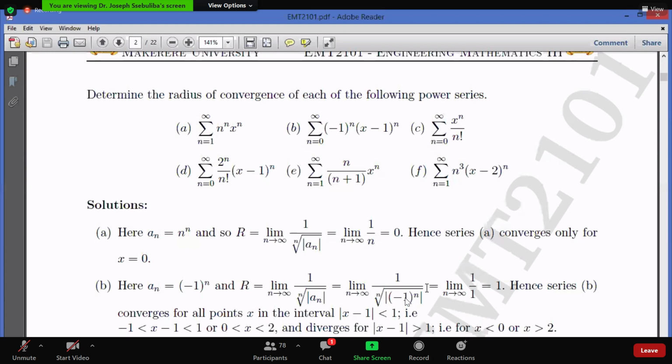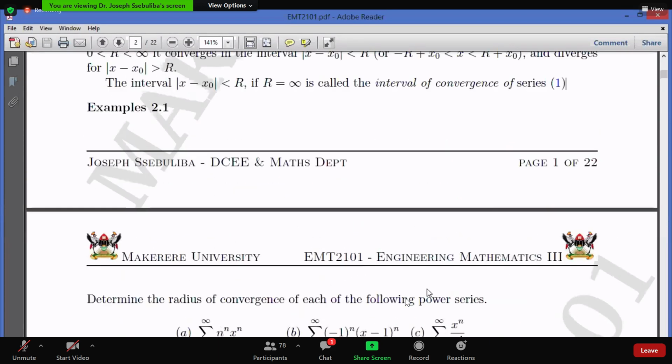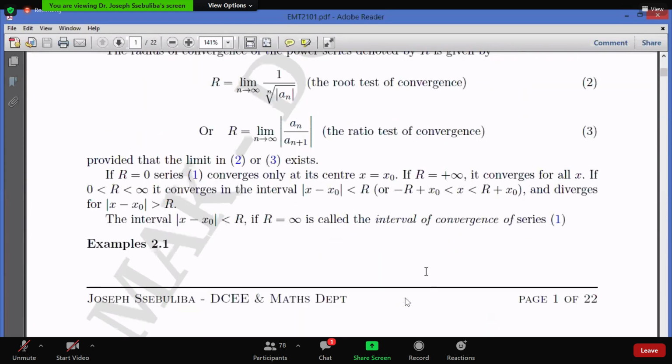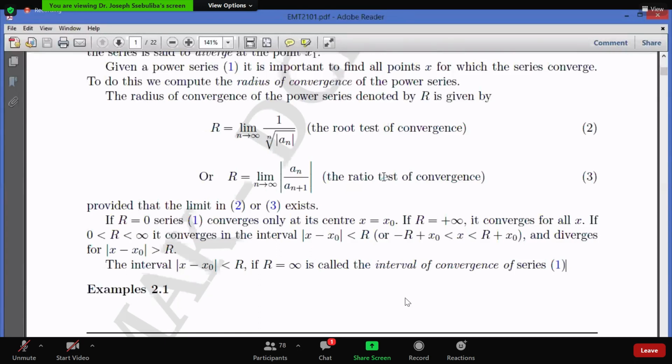Remember, we said that for us to compute this, we can either use the root test, which is this one here. So since it is n to the power n, that suffices that we use the root test kind of limit to check whether that series converges or diverges.